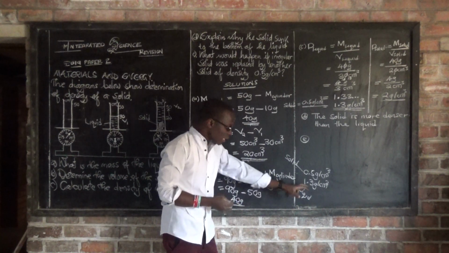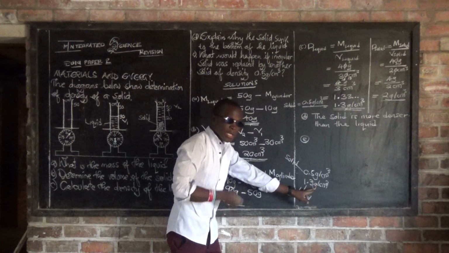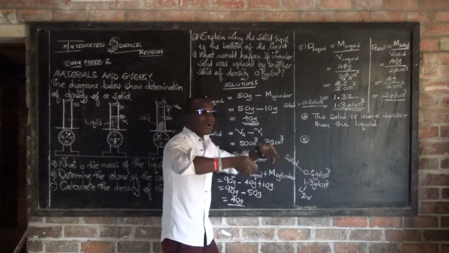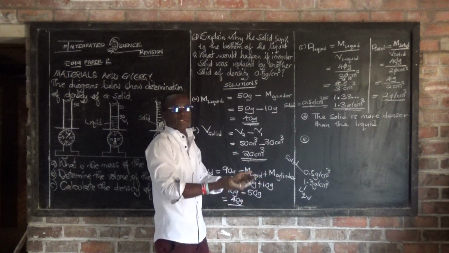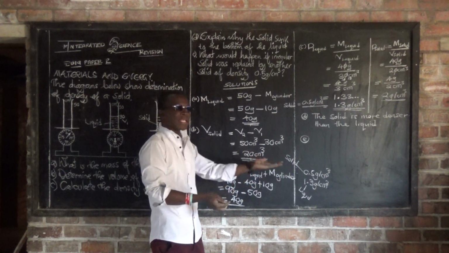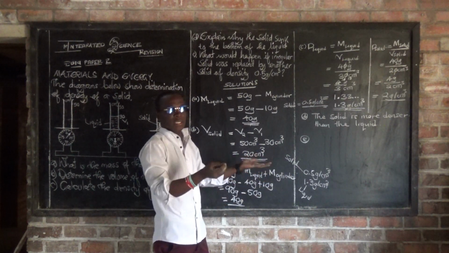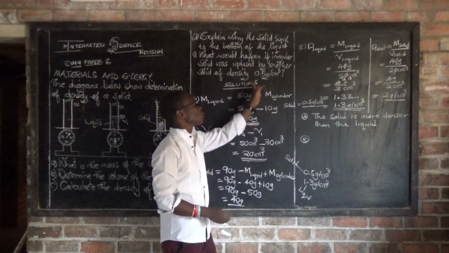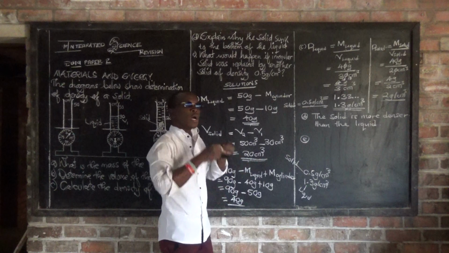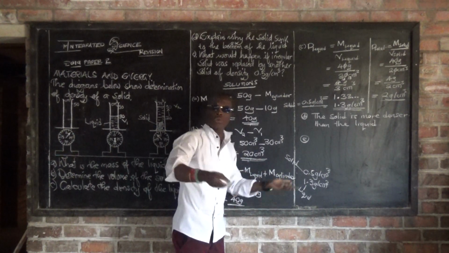It's 1.3. So what is going to happen is the solid won't sink, but it's going to float, because it has a lower density. Are we together? The solid which is going to replace it, which has 0.5 grams per cubic centimeter, won't sink, but it's going to float.